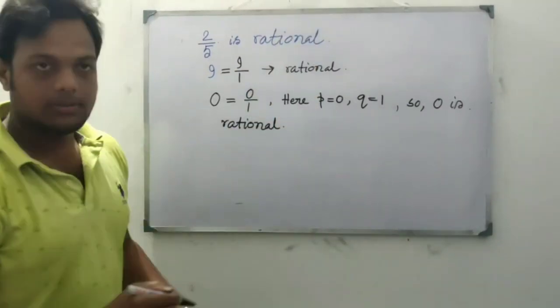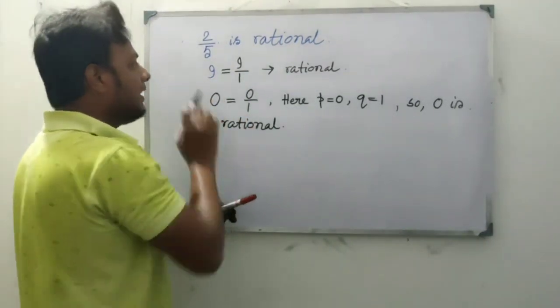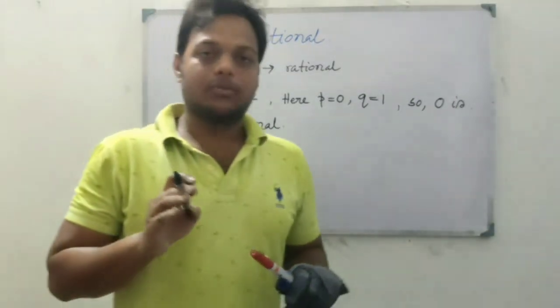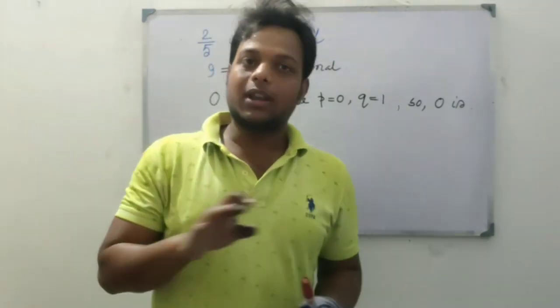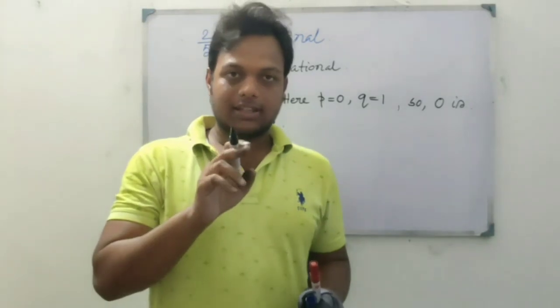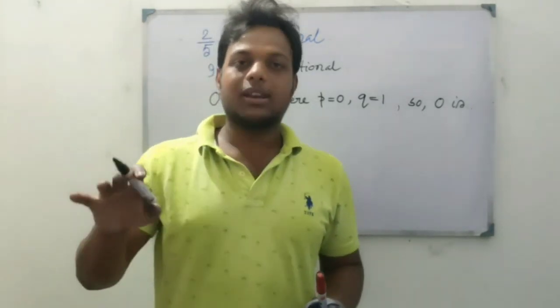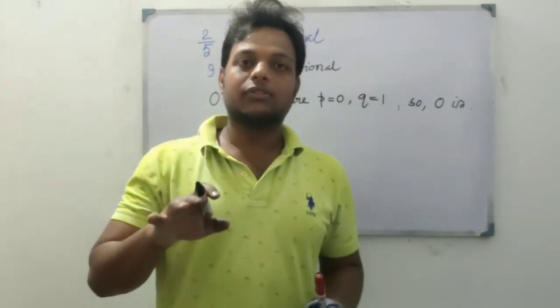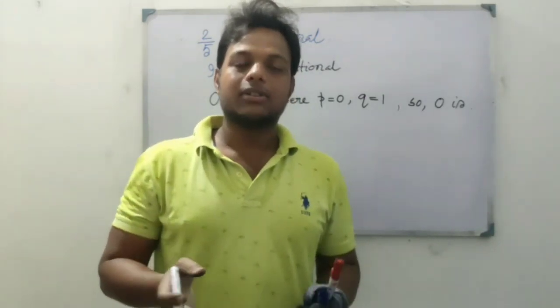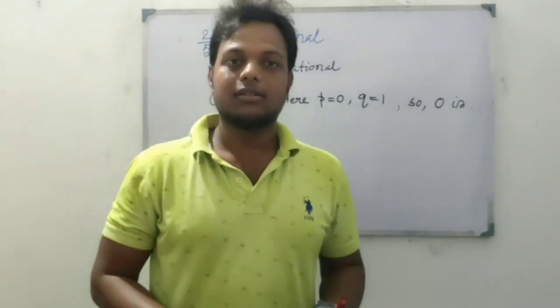Now one more example. Since 9 is rational, all the previous set, that means all natural numbers, we can say that these are rational numbers also. Why? Natural numbers means 1, 2, 3, 4, 5, 6. Each number can be expressed into the form p by q. How? We just have to consider the denominator as 1.